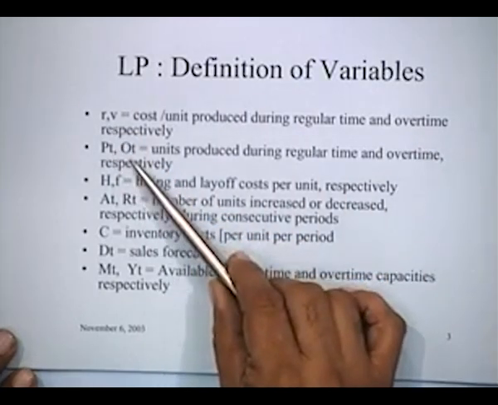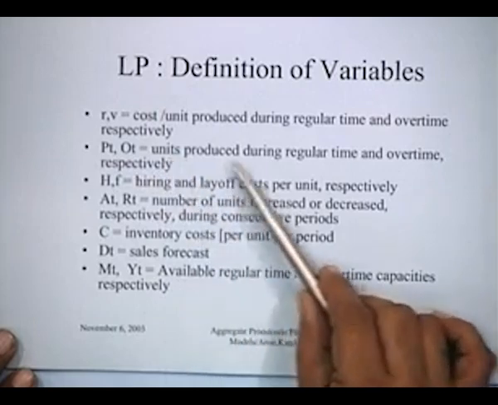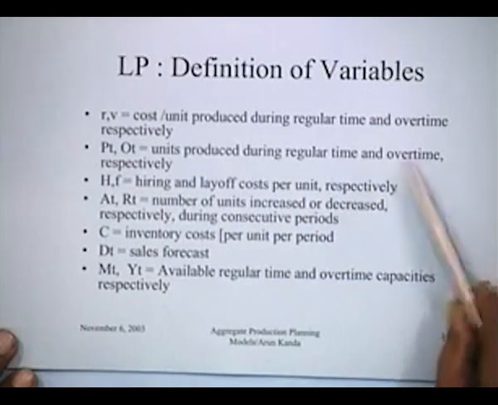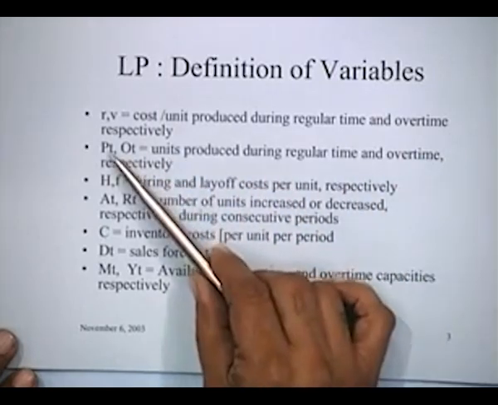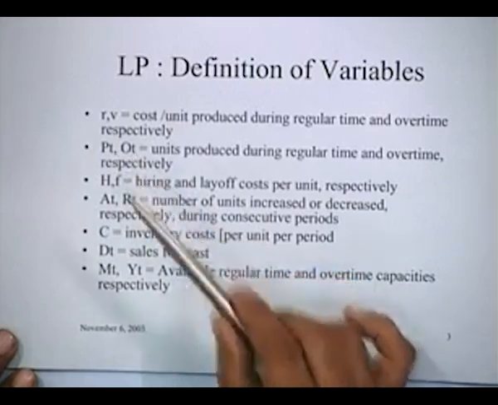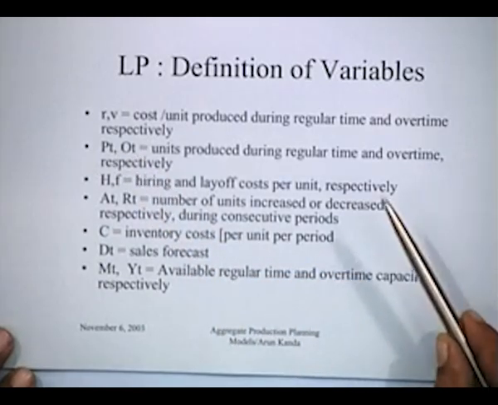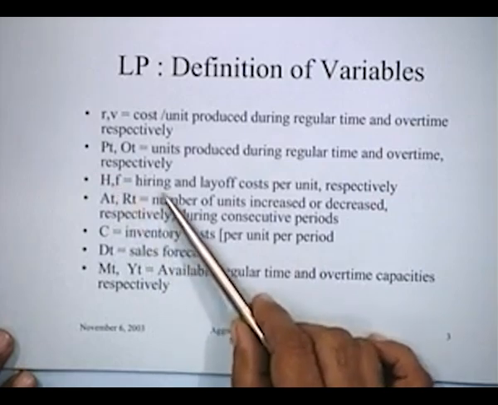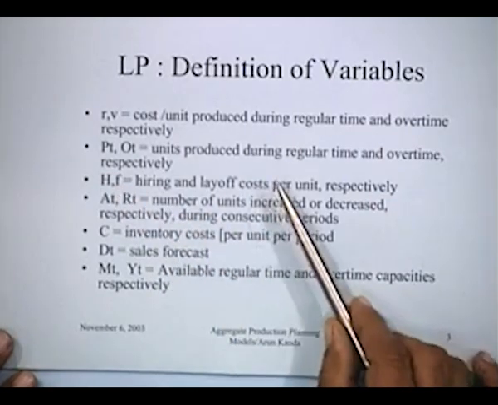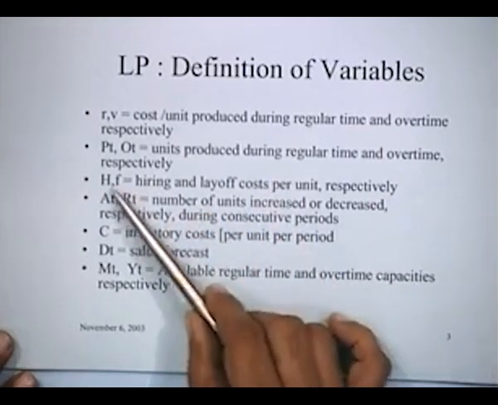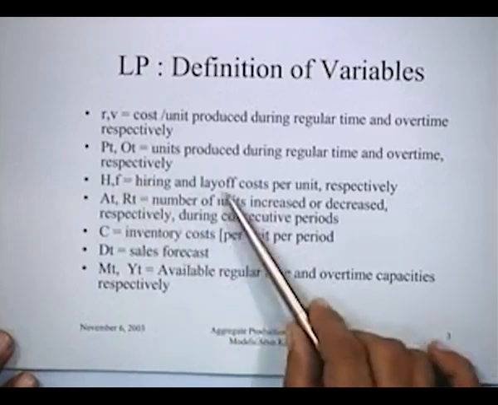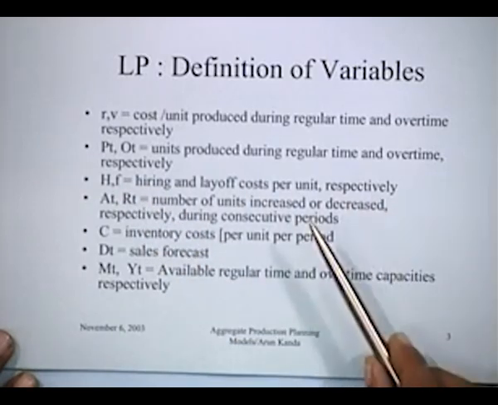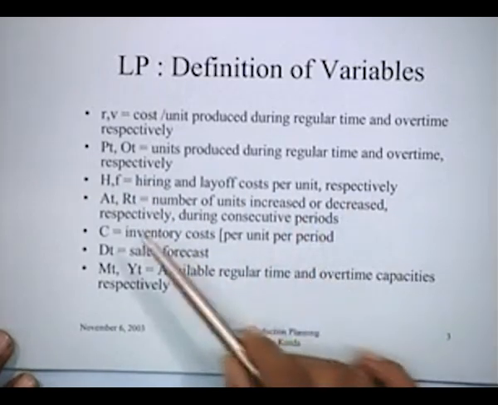Similarly, PT and OT are nothing but the number of units produced during regular time and overtime respectively. So production in regular time PT, production in overtime OT. Then we have the hiring and firing costs. You can lay off people and you can hire new people. So H is the hiring cost and F is the layoff cost per unit respectively.